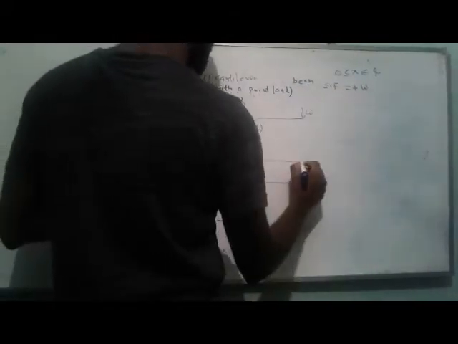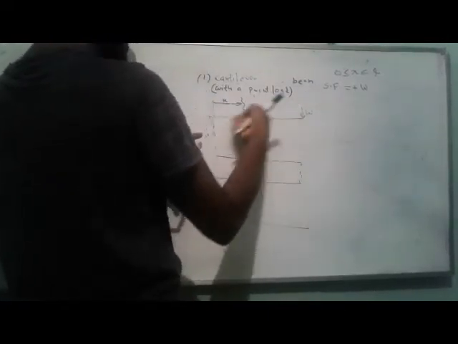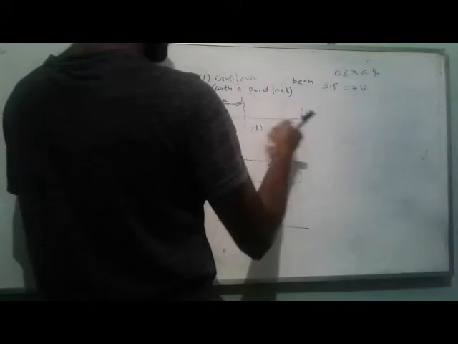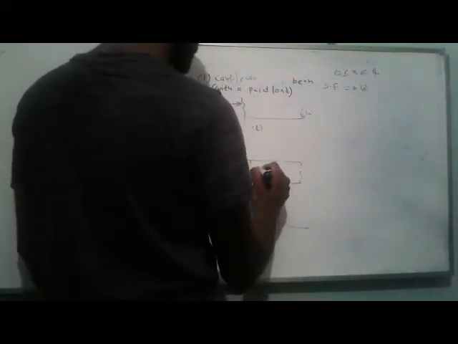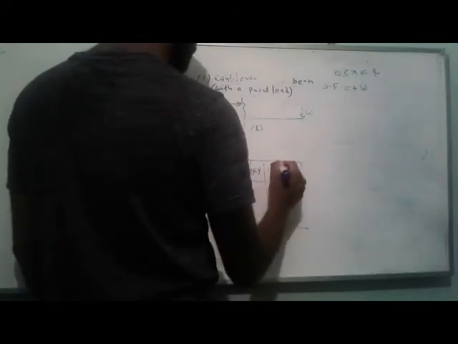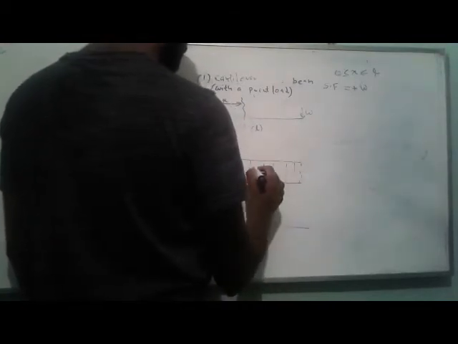Therefore it is constant throughout. There are no loads between these two ends. Therefore only this W is constant throughout the beam. This positive shear force is equal to W.